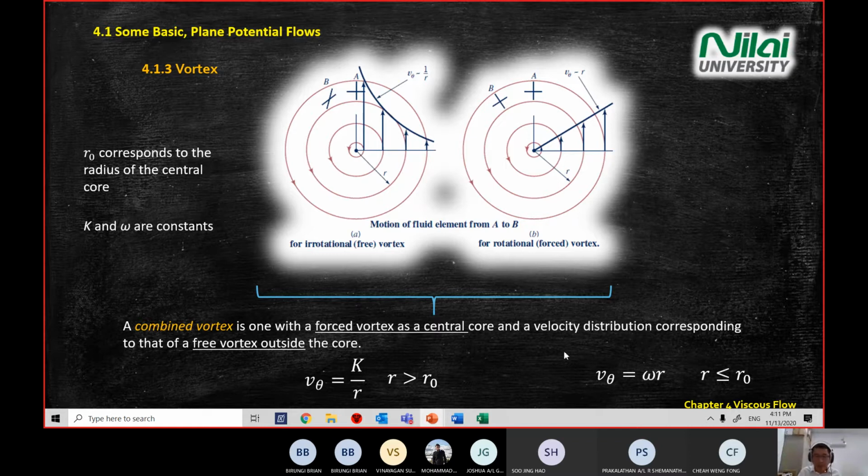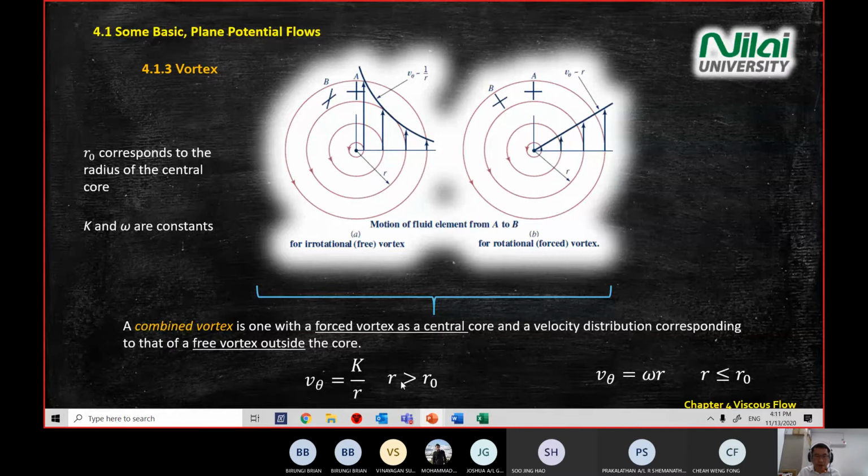Another equation that we use to calculate V theta is when you have omega, the rotational speed. So V theta in the angular motion, in the theta component, you can use omega times R. And in this case, your R is less than or equal to R0. So for these two equations, you need to be careful on the region that you use.